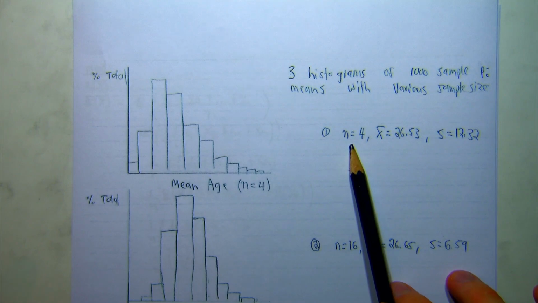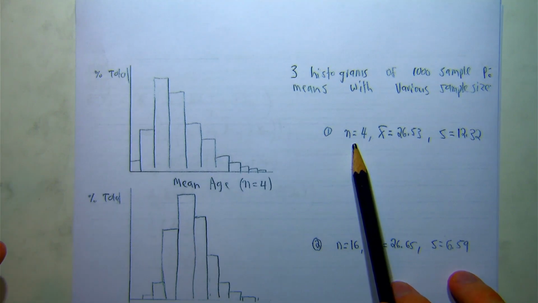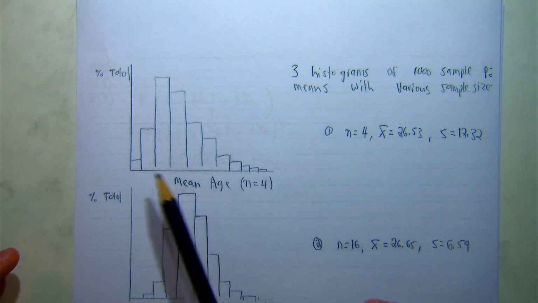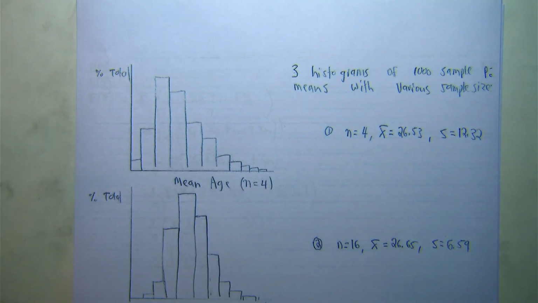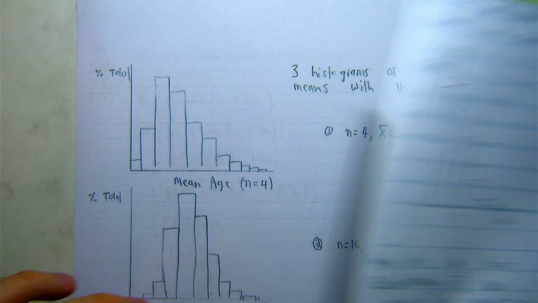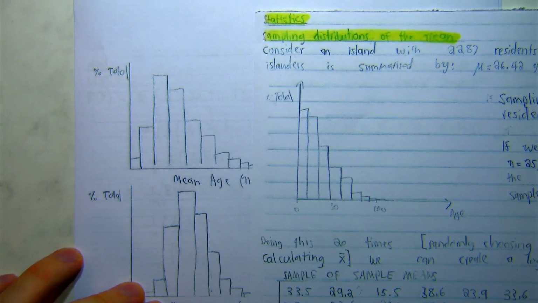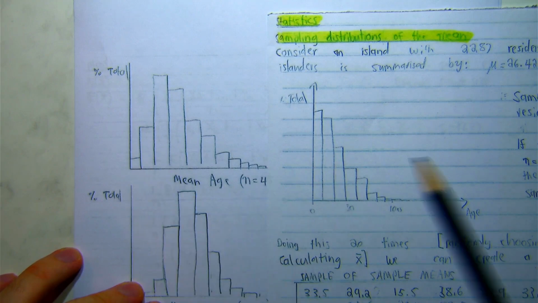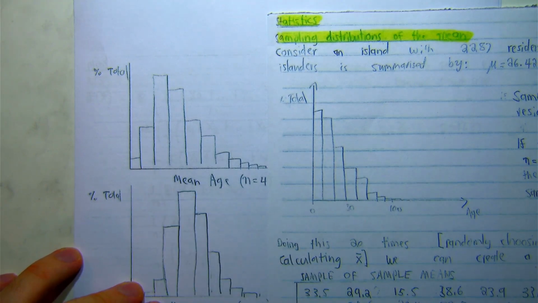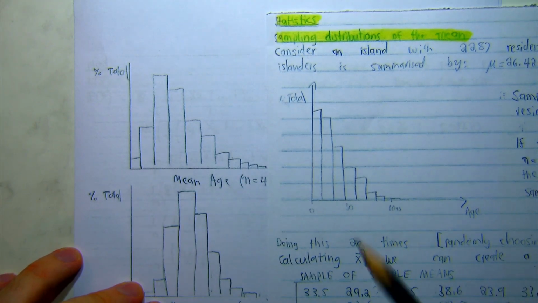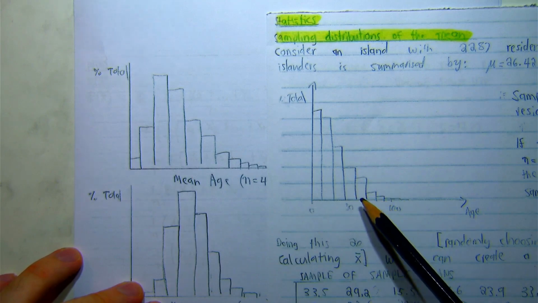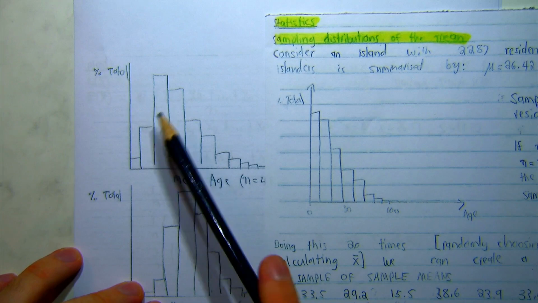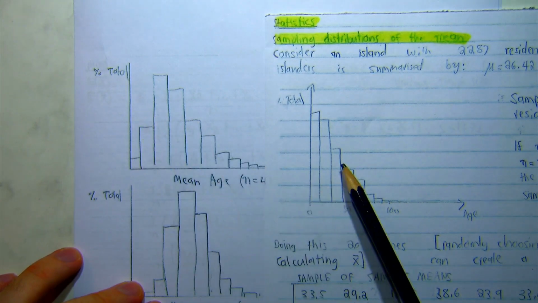So here, every sample contains only 4 people, and that will give us a histogram that looks like this. You'll notice that it is looking a little bit like the actual population distribution itself, but then slightly shifted away, especially as you have 4 people. If you were to take exactly one person, you would expect it to look just like this. But as we're taking 4, you can see it's still centered very much to the left there, but looking a bit like this.